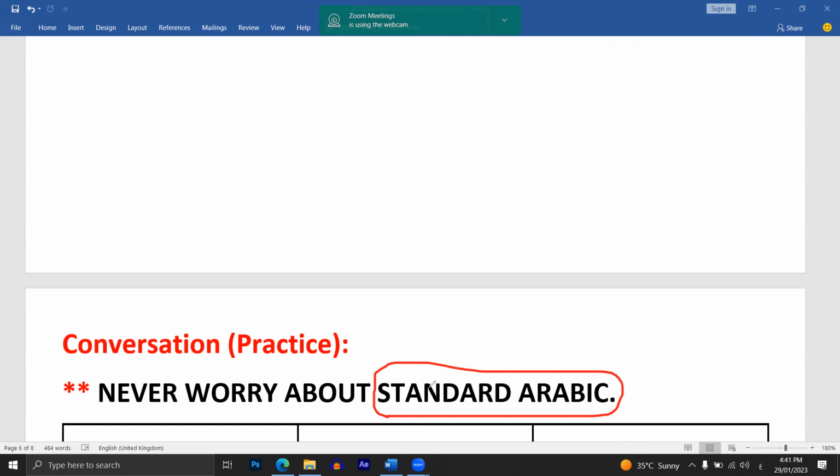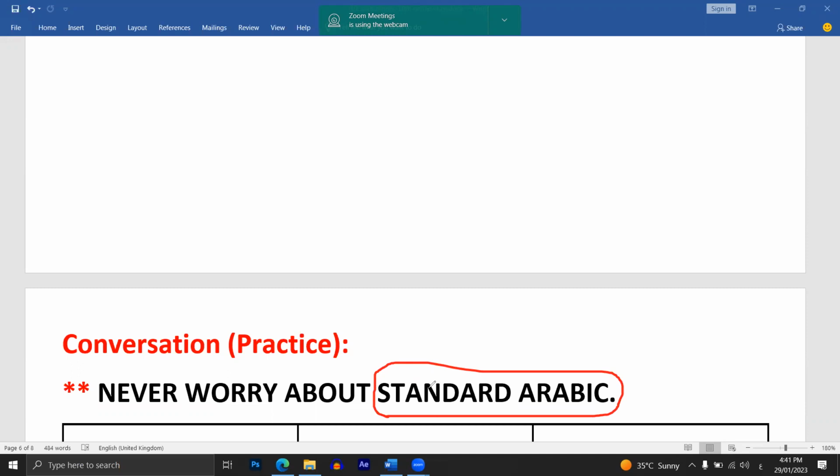It is the language of documentation, communication, media and television. I'm talking about the news stations. If you follow news like BBC Arabic or Al Jazeera Arabic, they are using Standard Arabic. It's also the language of education.